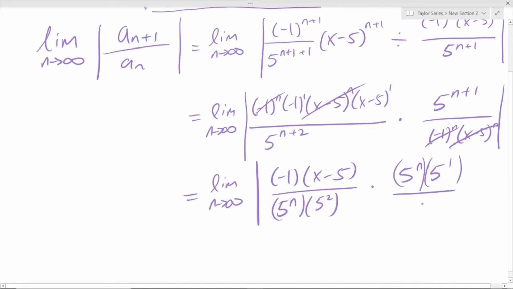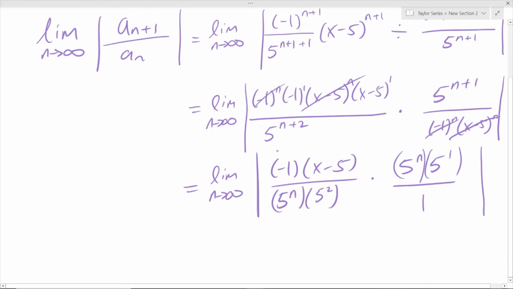Everything's cancelled here, so just write 1 here. And then, let's see, we can cancel some stuff out. Let's cancel this, cancel this. We can cancel this with this, so this will have no more exponents, just exponent of 1. And because we subtracted 1 from this exponent, it's just going to be 5 to the exponent of 1.